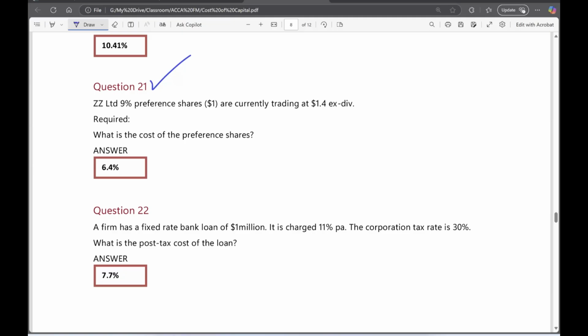So the simple formula we are going to use is dividend over the price. It's the same as the dividend valuation model. But here you will pay a fixed dividend. There's no growth in dividend.